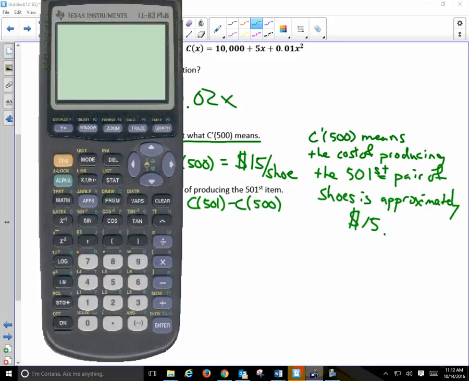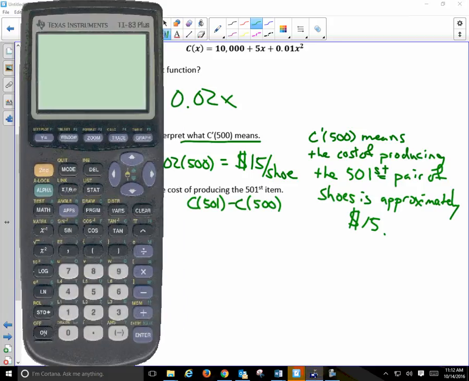So I'm going to figure that out. We do 10,000 plus 5 times 501 plus 0.01 times 501 squared.